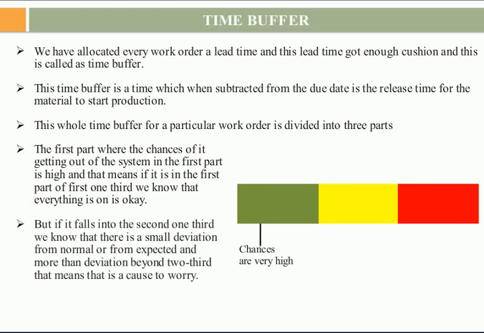But if it falls into the second 1/3, we know that there is a small deviation from normal or expected, and beyond 2/3, that means there is cause to worry. Corrective actions need to be taken.